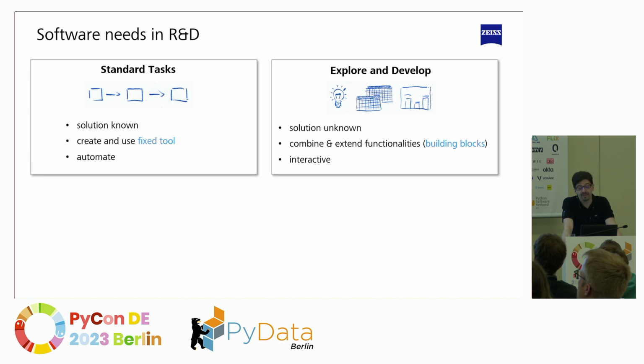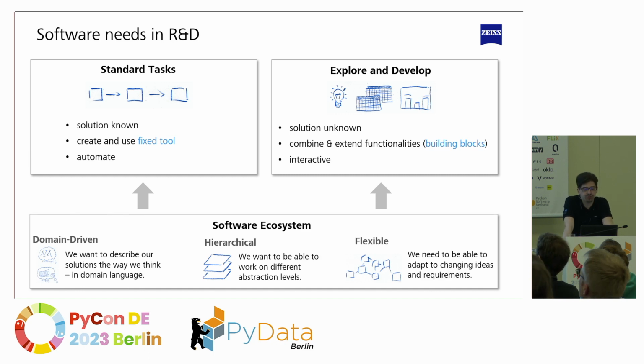And to be able to do that, you sort of need some building blocks in your analysis tooling. You don't want to build everything from scratch. And it also has to be interactive, because you do something, you look at the data that produces, and then based on that, you decide what's the next step. And both of this can be supported by a software ecosystem.